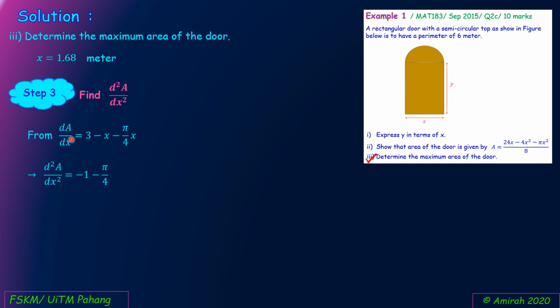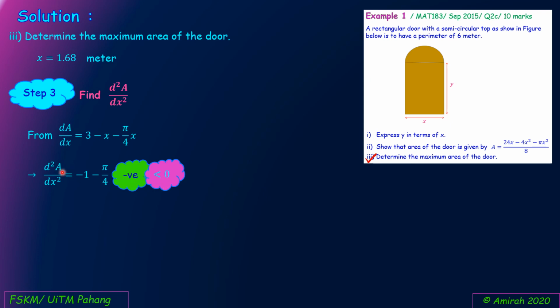So we differentiate the first derivative dA over dx, so we get the second derivative d2A over dx2 equals, we differentiate 3, it equals 0. Then we differentiate negative x, we get negative 1, minus, differentiate pi over 4 x, we get pi over 4 and minus sign here. So when we solve, this is a negative value, or in other words, less than 0.